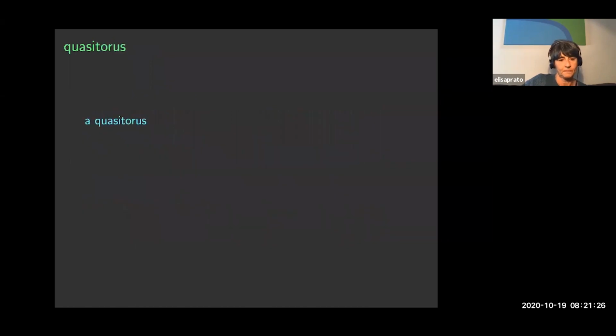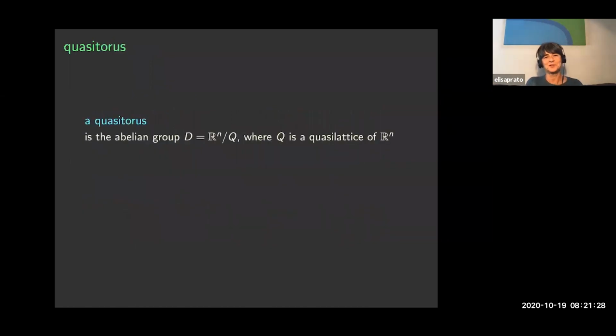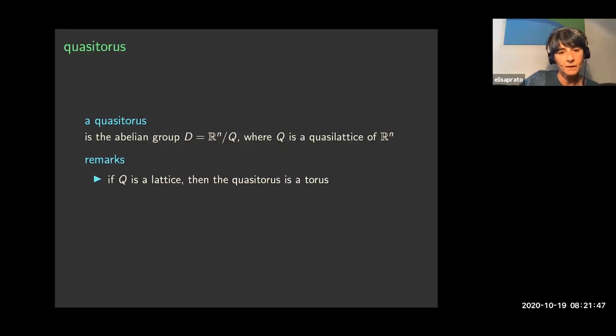Then, for the quasitorus, I searched and I had not found anything like that in the literature, except for small dimensions. So I named in a very natural way the quotient of R^n mod the quasilattice the quasitorus.